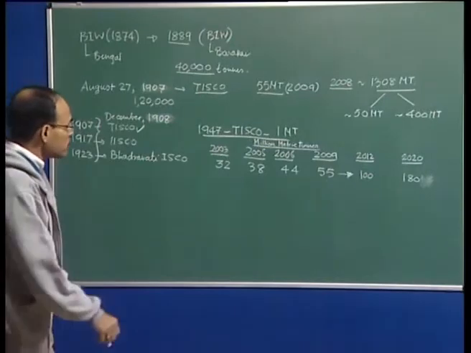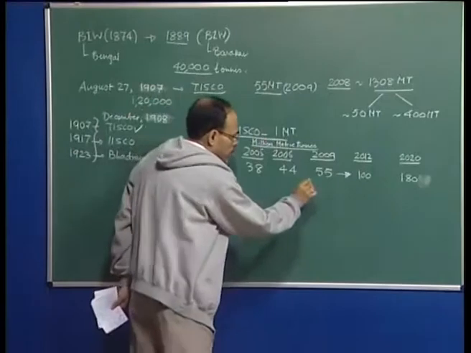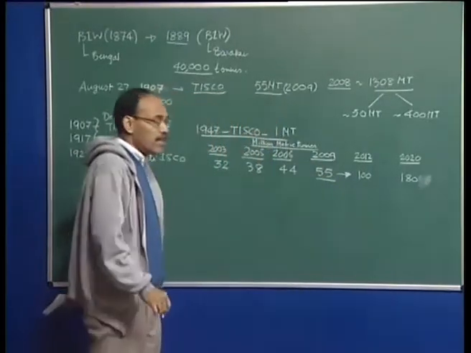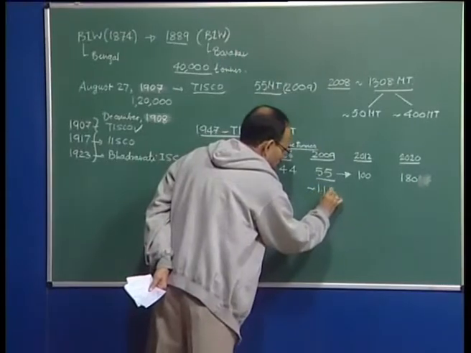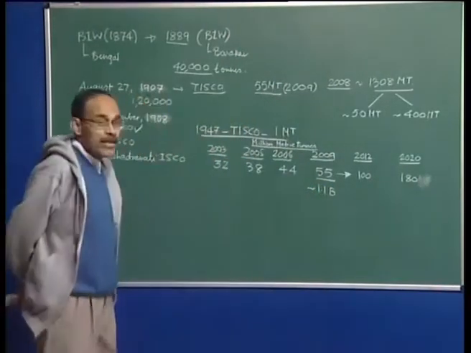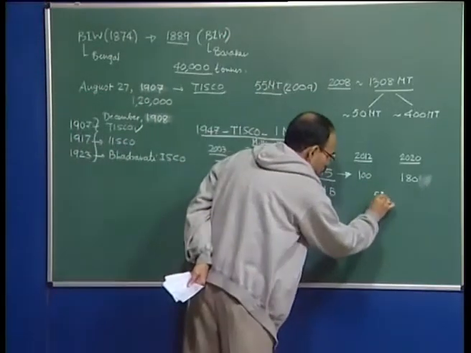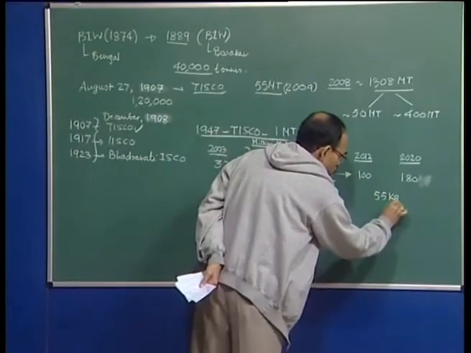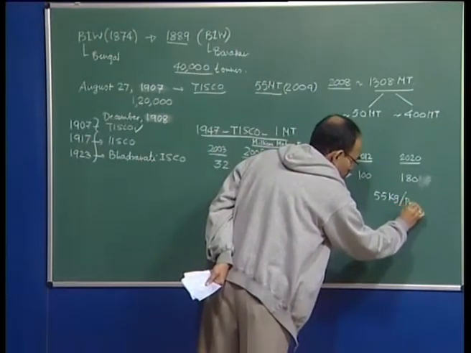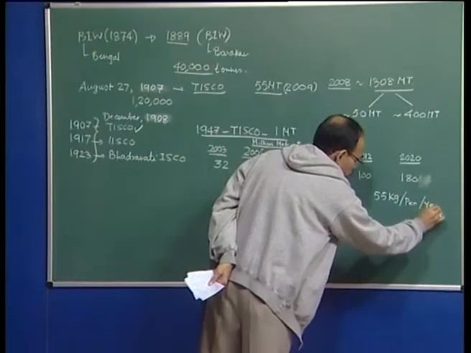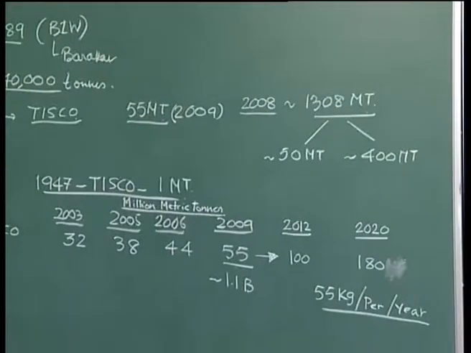Now, one important aspect here is if you take 55 billion tons and India's population, which is 1.1 billion, it turns out that 55 kg is the per capita steel consumption. 55 kg of steel per person per year, which is called the per capita steel consumption of the nation.